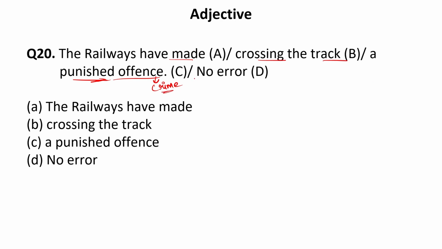In fact, we punish the criminal. It should be "punishable." Now, this "punished" should be replaced with "punishable." For offense, we write "punishable," that means the crime for which the punishment has to be given necessarily. So our answer is C. This part contains the error. So our answer is C.